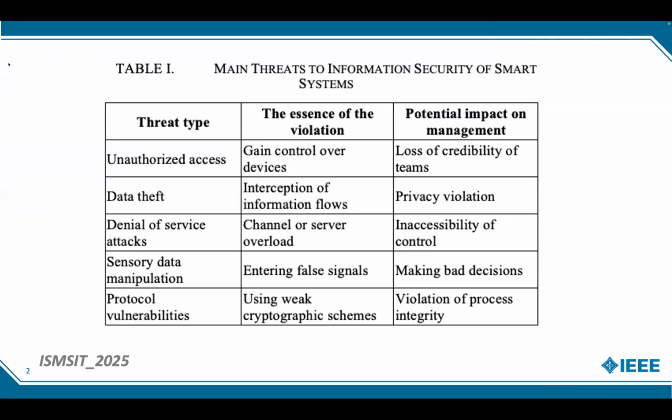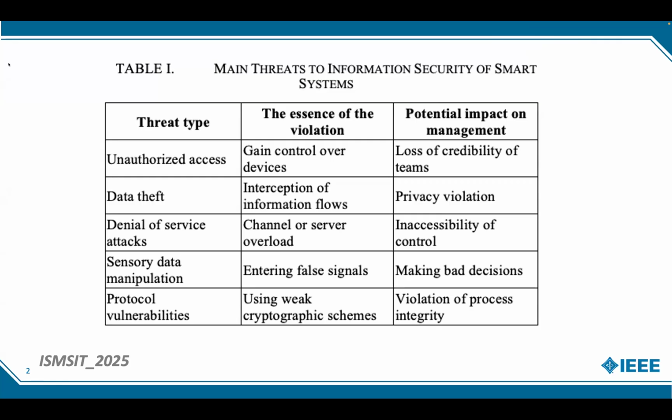On this slide, we show the table of contents of main principles of information security of smart systems. The first is adaptability. The adaptability adjusts operation parameters in response to changing conditions. The second, interoperability, which enables the interaction of heterogeneous components.